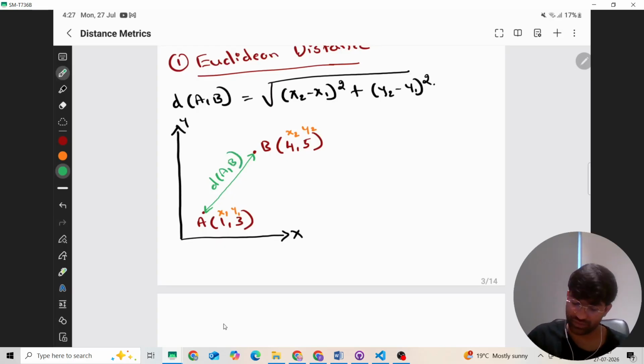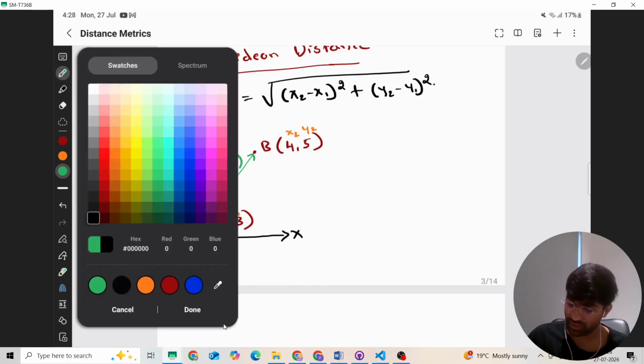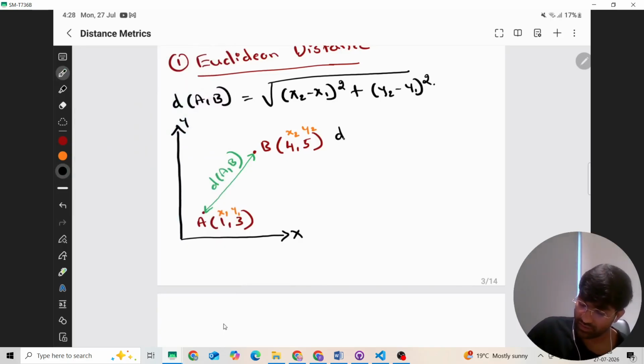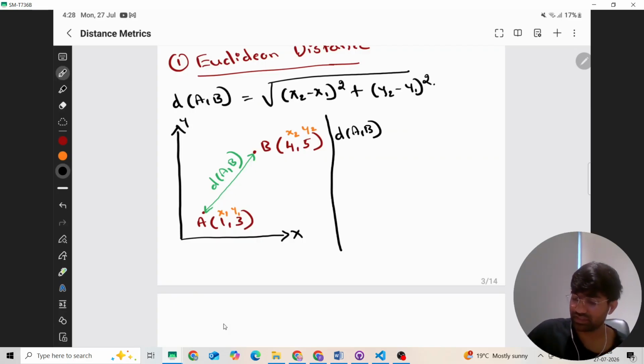If I substitute these values in the formula, distance of A comma B is equal to square root of (4 minus 1) square plus (5 minus 3) square.